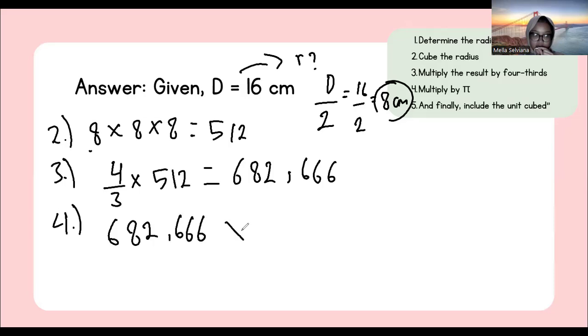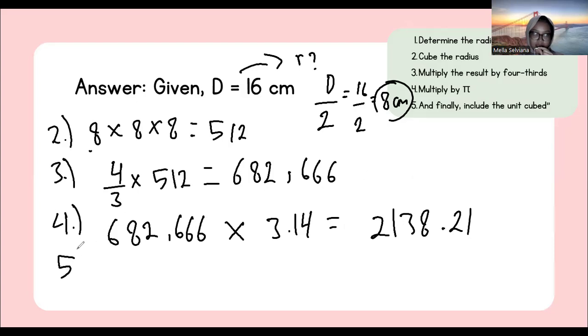Step 4, multiply by pi. 682.666 times 3.14 equals 2138.21.